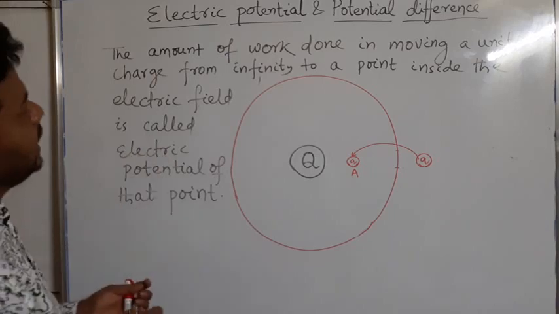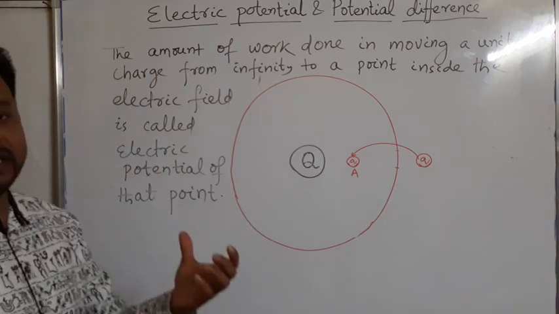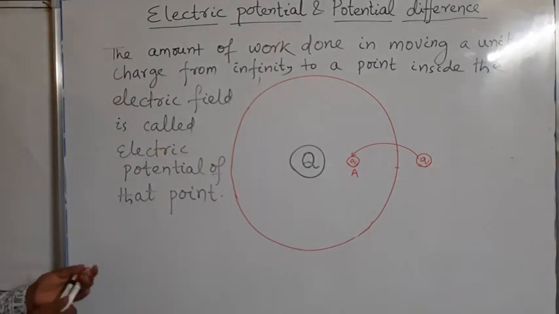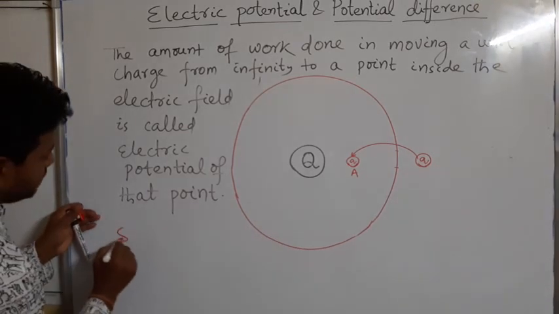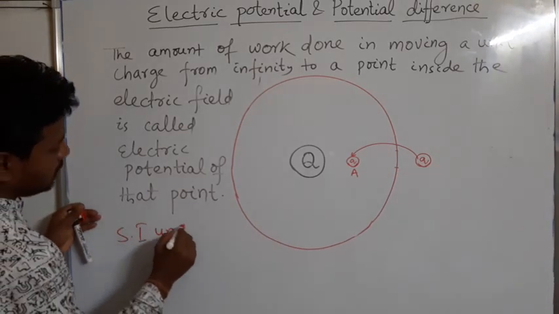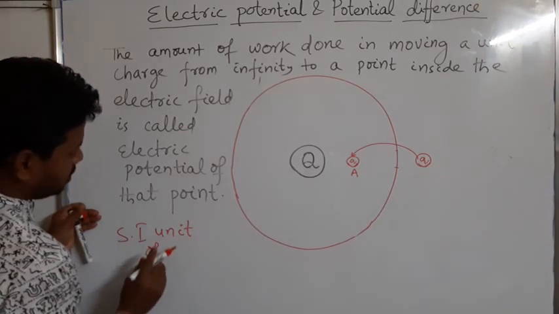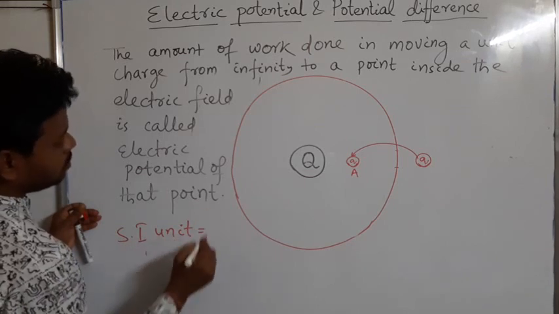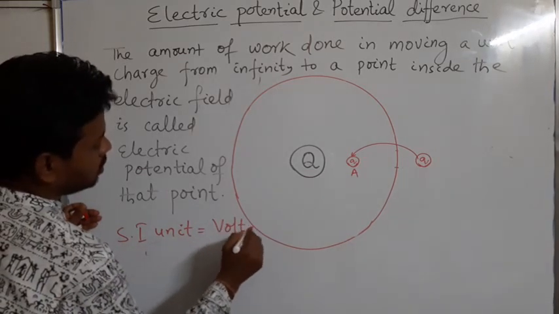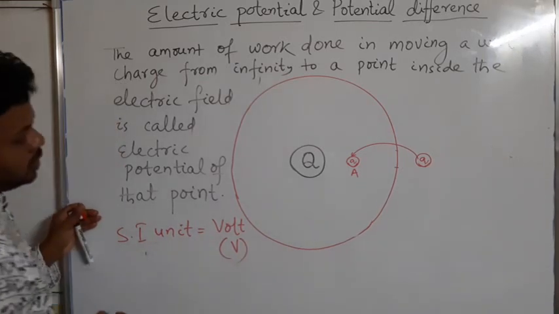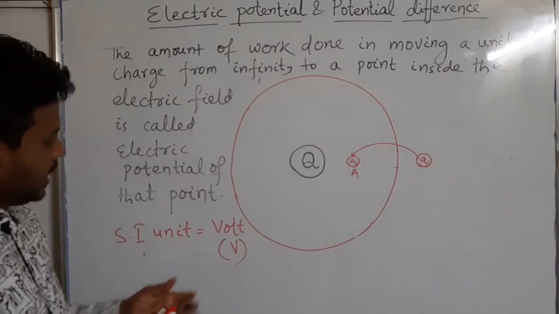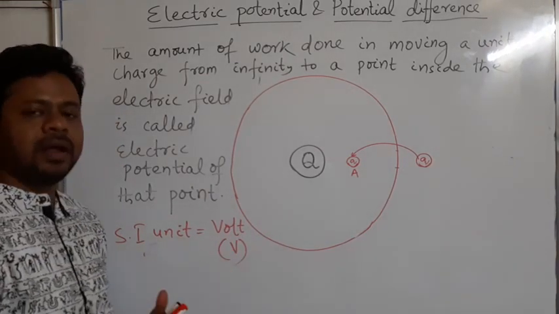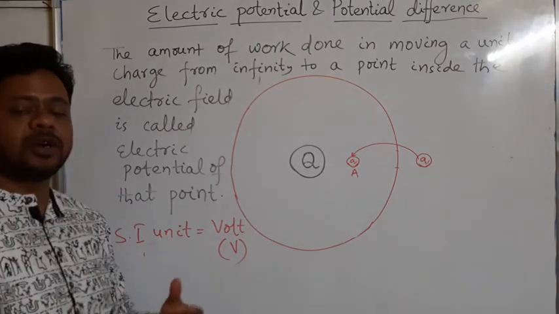And to measure electric potential we use some unit, and the SI unit of electric potential is volt. We use the symbol V, and volt is named after the scientist Alessandro Volta.